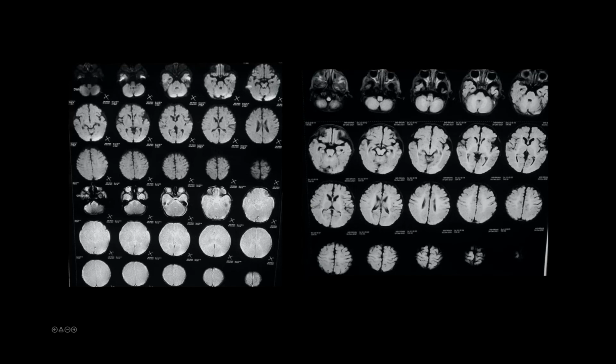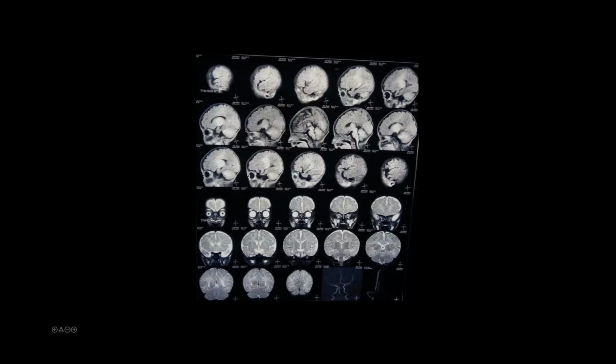On the FLAIR images, there is some prominence of the lateral ventricles, the atria of the lateral ventricles. There's probably thinning of the corpus callosum, especially the splenium, but at 3 months it is pretty difficult to say because it is not completely myelinated and developed. I cannot find any other abnormalities in the deep brain nuclei, no volume loss. On sagittal images, there's probably some thinning of the corpus callosum.